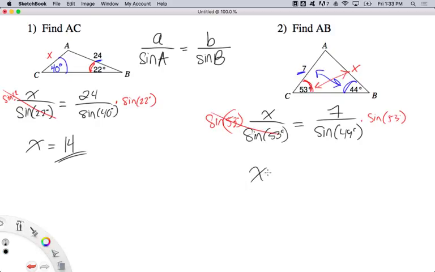I end up with x equals 7 times sine of 53 divided by sine of 44, sorry, should have been sine of 44. Should be 8.05.